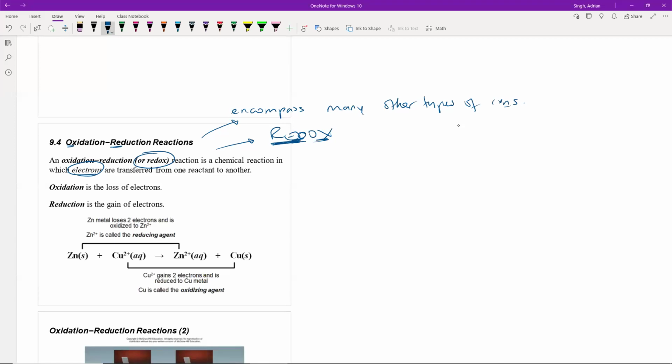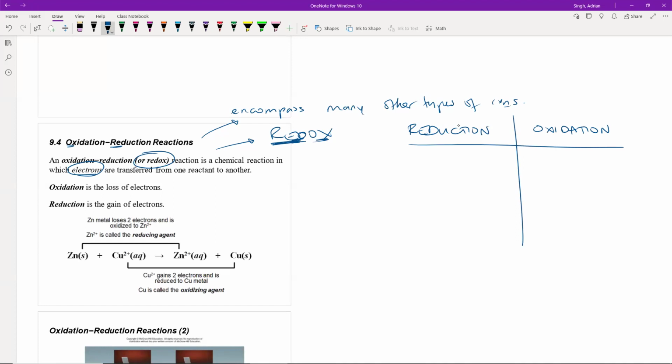So oxidation reduction, or redox reactions, will always involve the transfer of electrons, but they can also involve other things. So let's list these. And we'll see that there's a very simple relationship between reduction and oxidation. They actually tend to be the opposite processes.